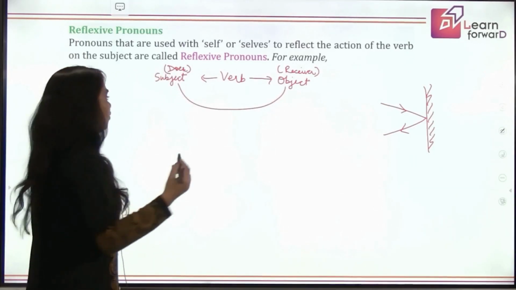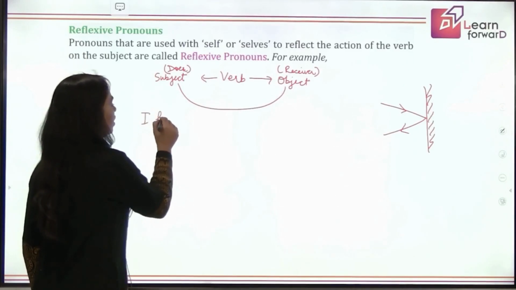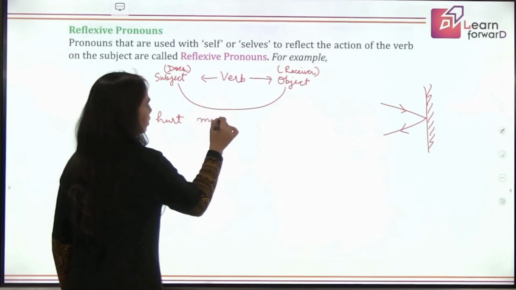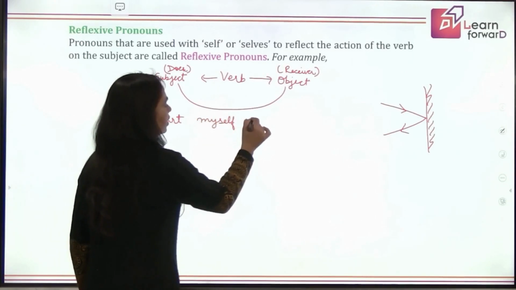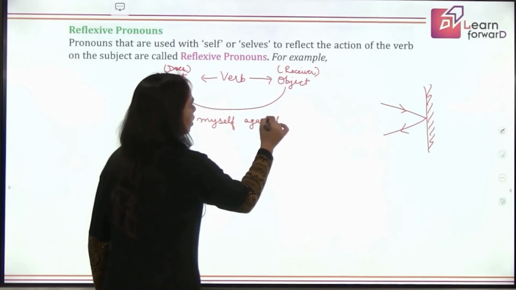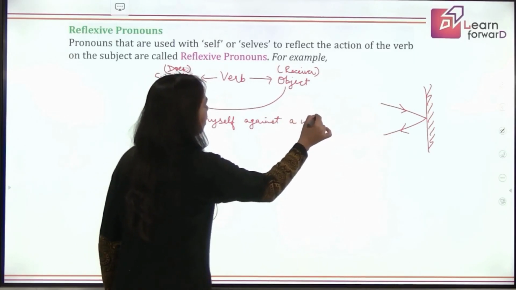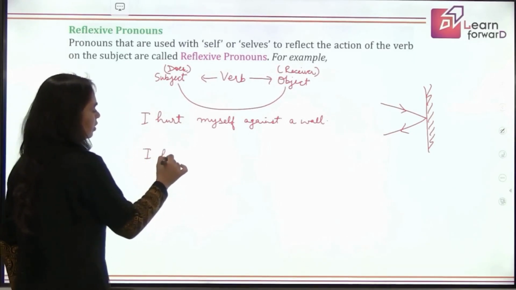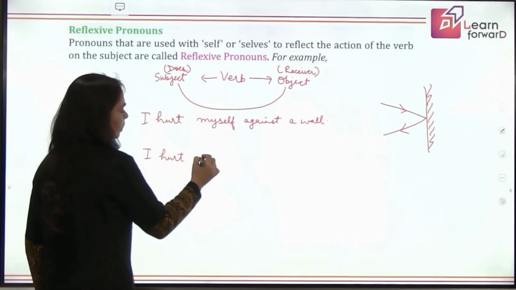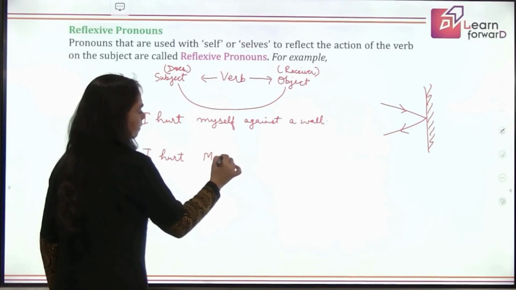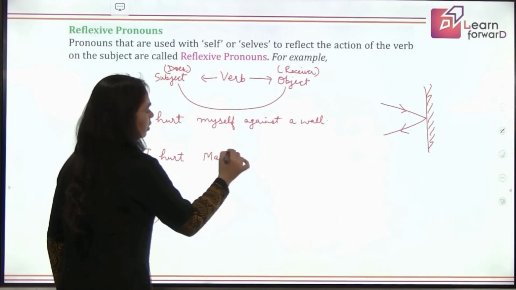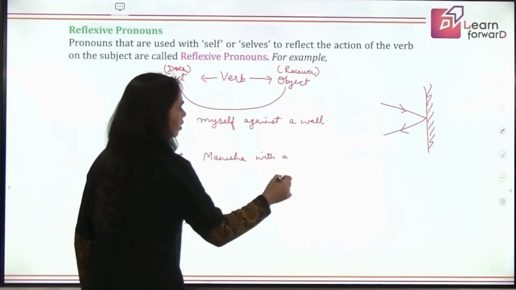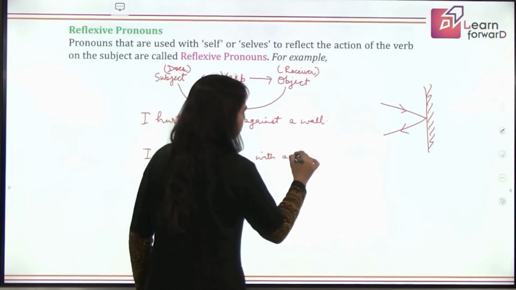For example, if I say, I hurt myself against a wall. And I say, I hurt Manisha with a stone.